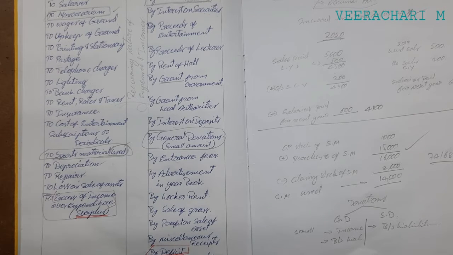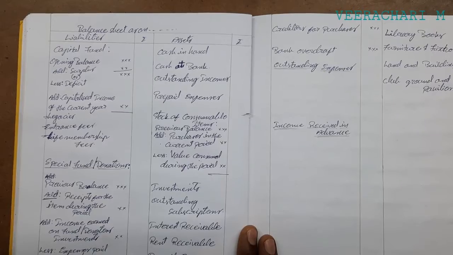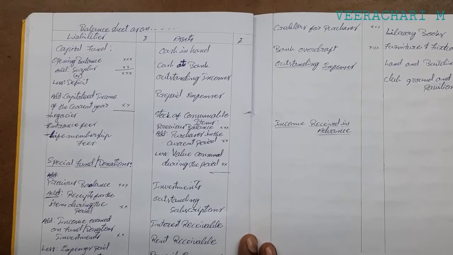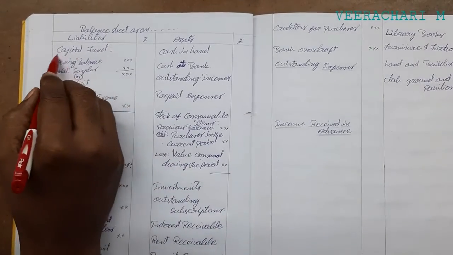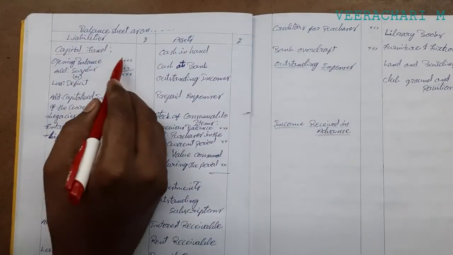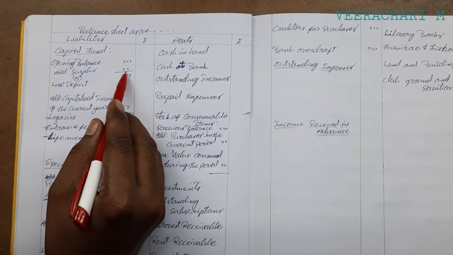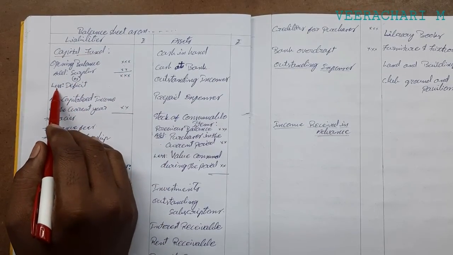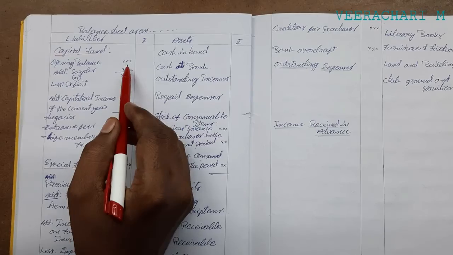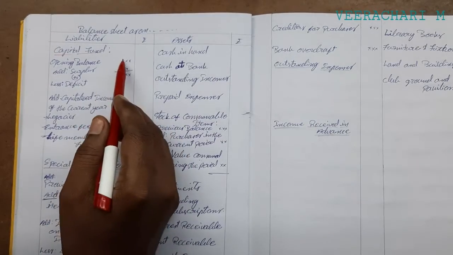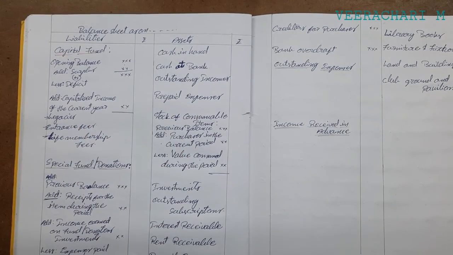Next, we can go for the balance sheet. In the balance sheet, we start with capital fund, that is opening capital balance plus surplus in the current year. If there are any losses, that is the deficit, it should be deducted from the opening balance of capital fund.